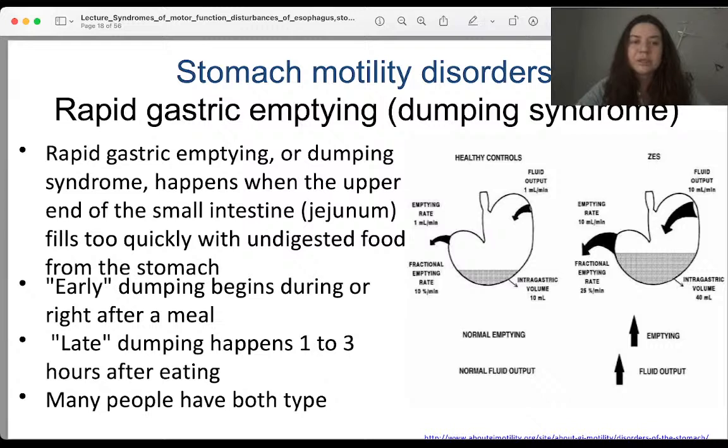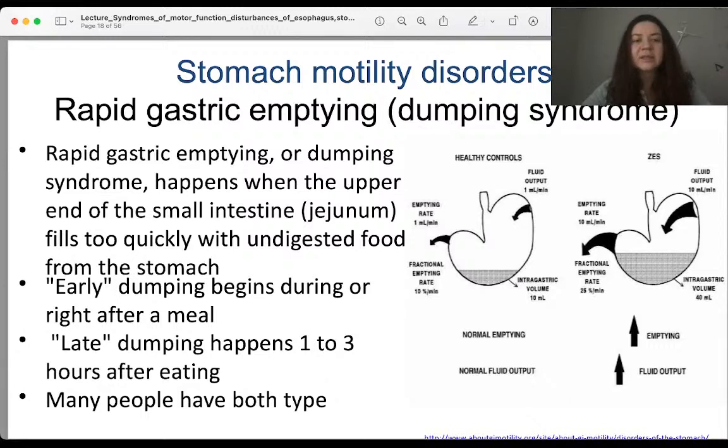Rapid gastric emptying or dumping syndrome happens when the upper end of small intestine that we named jejunum fills too quickly with undigested food from the stomach. If there was not enough time for normal digestion in the stomach, that's why a lot of undigested food goes to the jejunum. The dumping syndrome can be early and late.